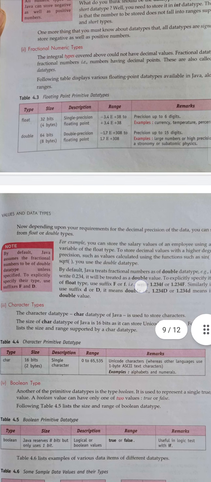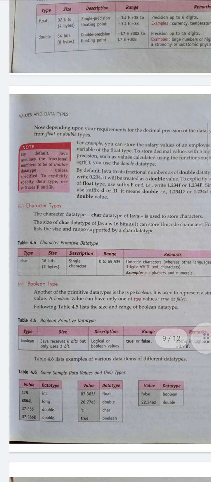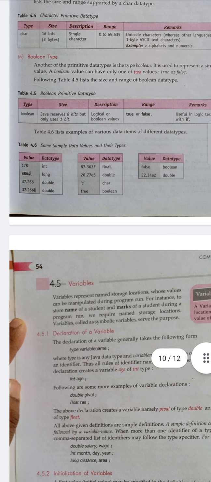They are known as the default value declaration. Clear? And what is the size of character? One character occupies 2 bytes. And boolean occupies just 1 bit.